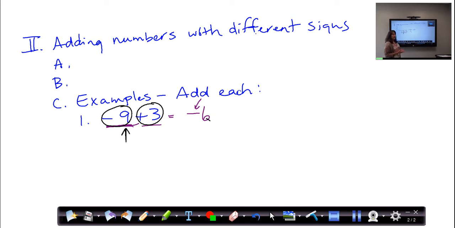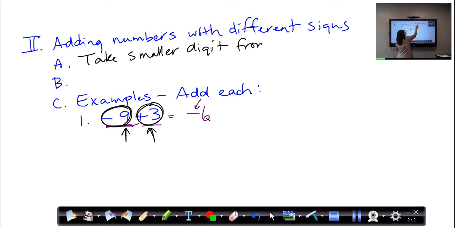If you think of it that way, then the rule says, if these 3 are canceling out 3 of these, then I'm going to take the 3 away from the 9. So I'm going to take the smaller digit from the larger digit.